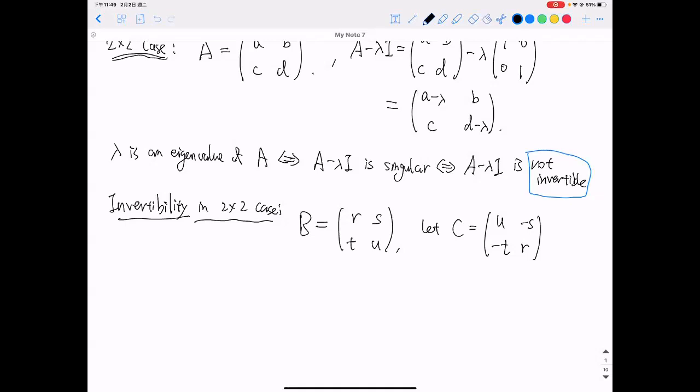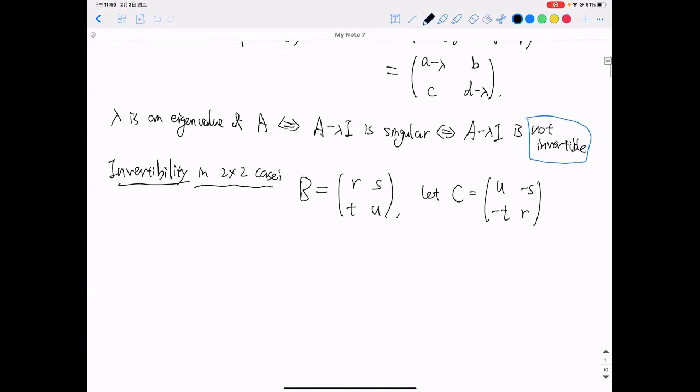Oh yeah, that's right. Okay, so let B be this matrix. Then BC is equal to, if you compute it, you get RU minus ST here.